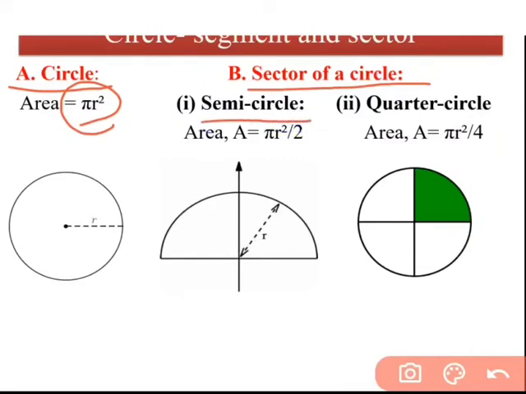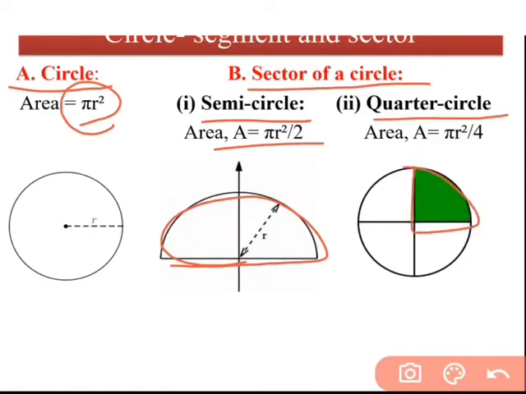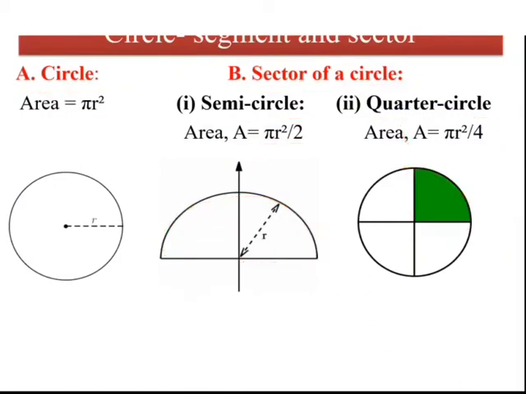The equation of area of a semicircle, that is A is equal to pi r square divided by 2. And second, quarter circle. You can see the figure, quarter circle, that is this portion. So the area of a quarter circle A is equal to pi r square divided by 4.